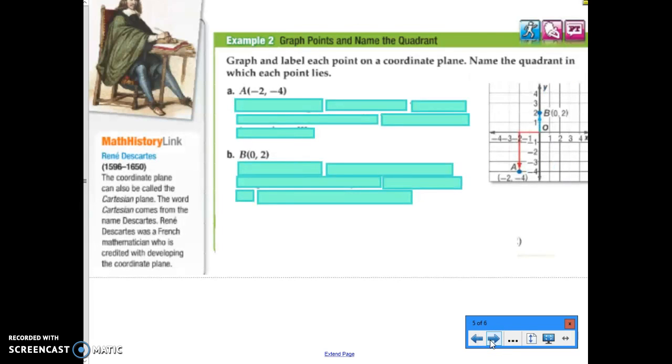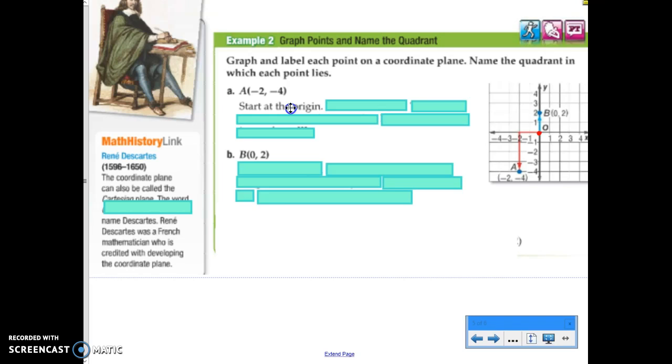Okay, so let's take a look. It says graph and label each point on the coordinate plane, then name the quadrant in which each point lies. Well, here they've already graphed everything for us and they've labeled our points. So the first thing is to start at the origin. I can see where they've created A. I start at the origin.